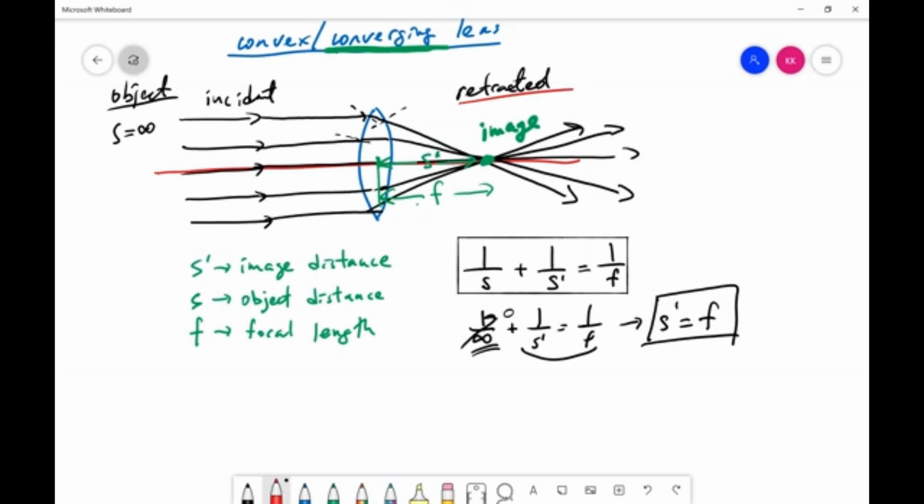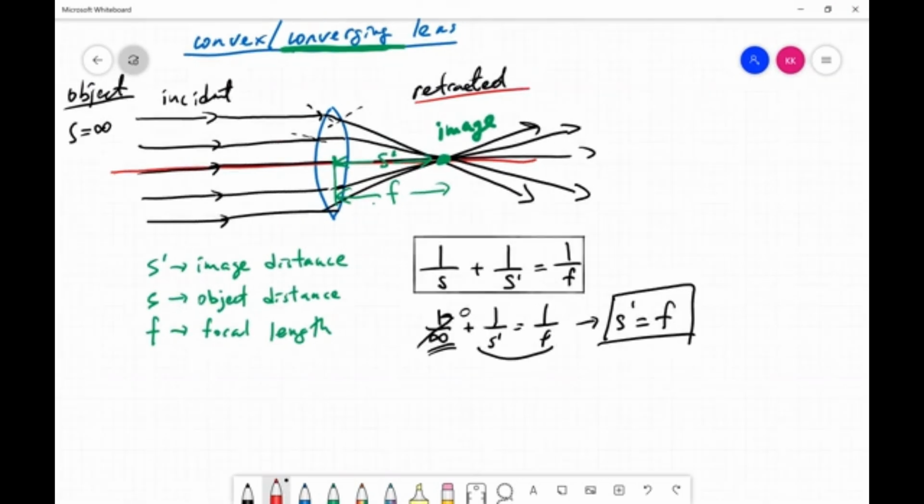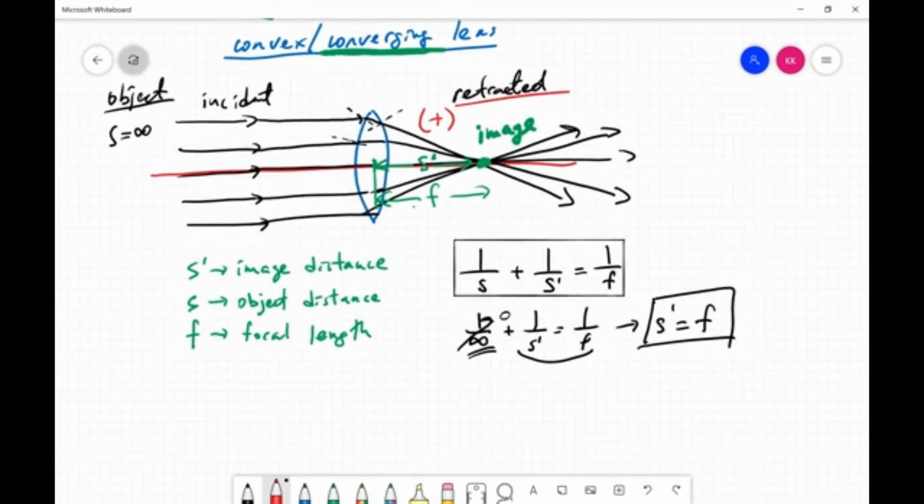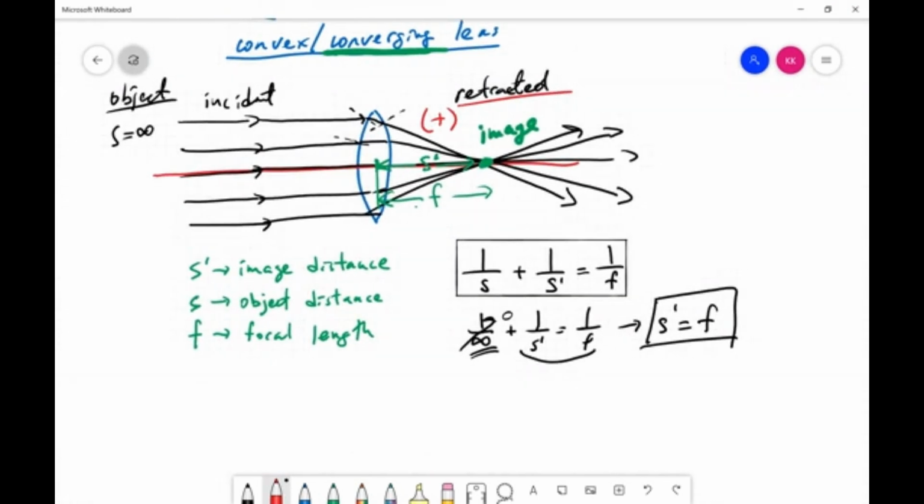For the convex lens, the side where the light is outgoing is the back of the lens, so this side here is my positive side, and the front of the lens, where the light is not outgoing, is the negative side.